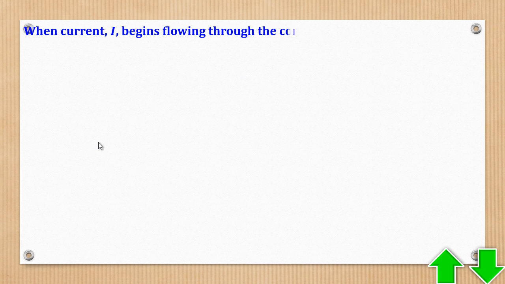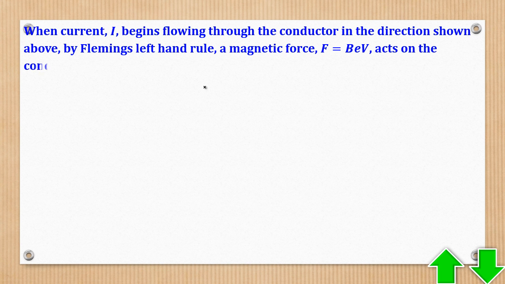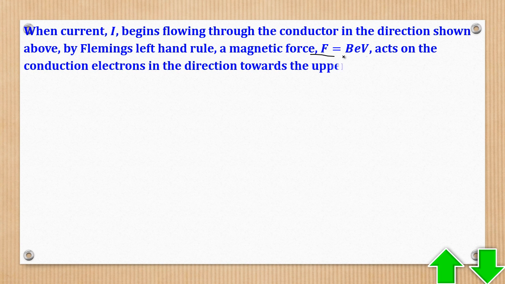So when current I begins flowing through the conductor, the magnetic force BeV acts on the conducting electrons in the direction towards the upper face P of the metal strip.